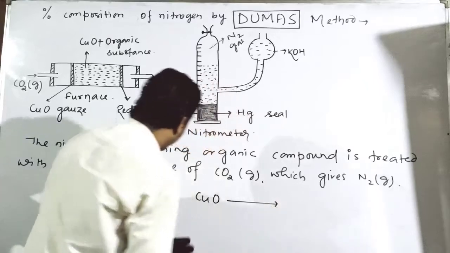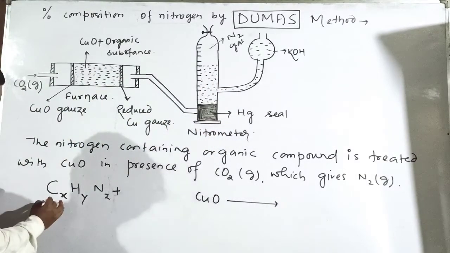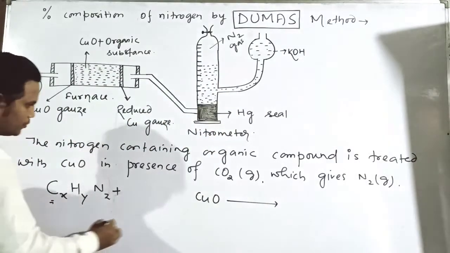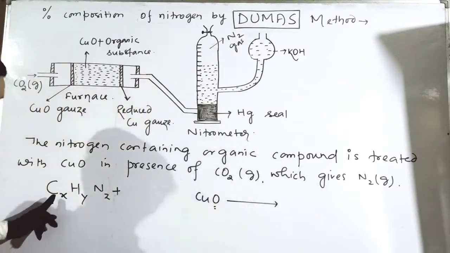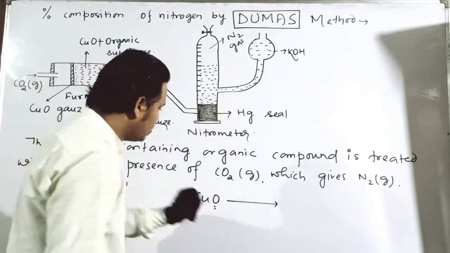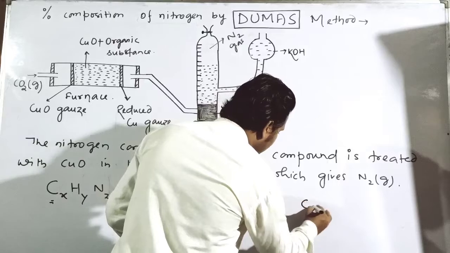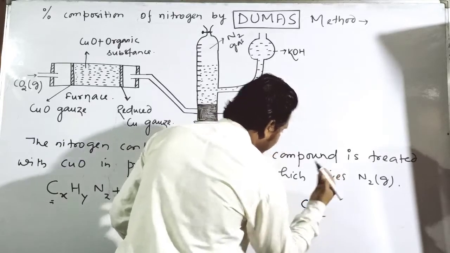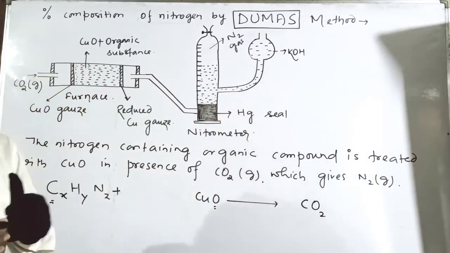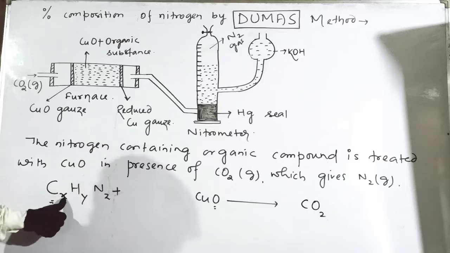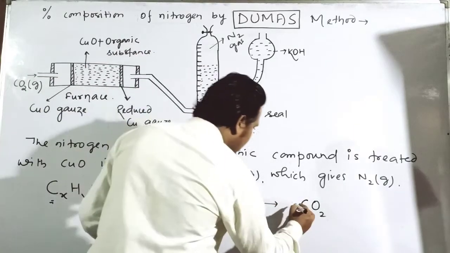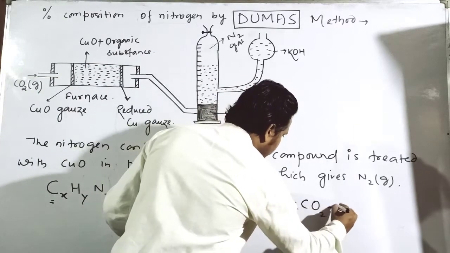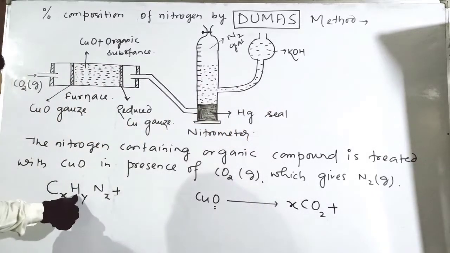Now see, first carbon. Carbon reacts with oxygen to form carbon dioxide gas. Now balance it. How many carbon? X times. So here carbon will also be X times. Second, hydrogen.